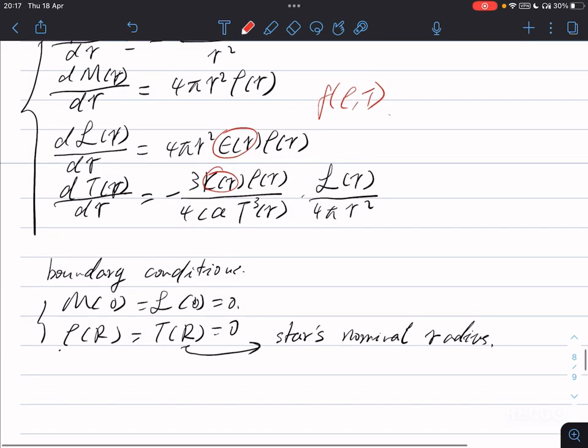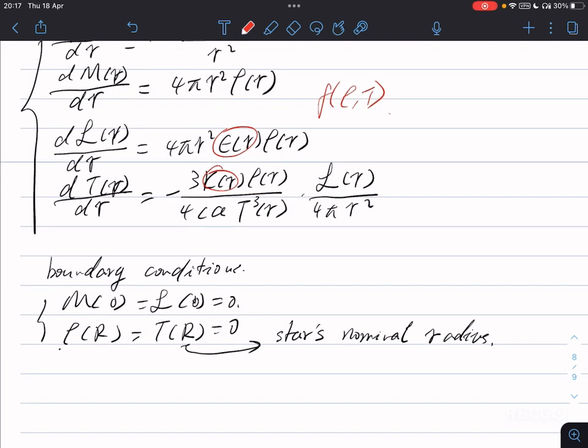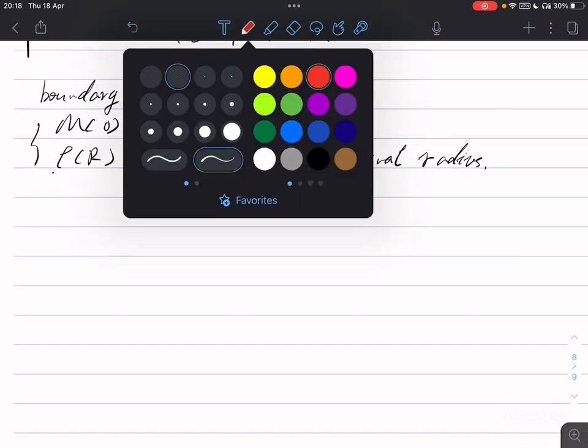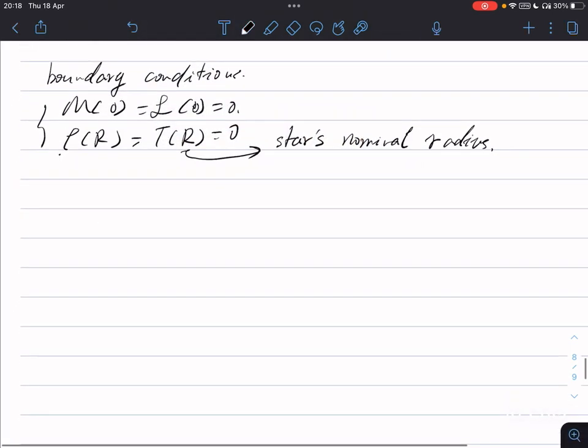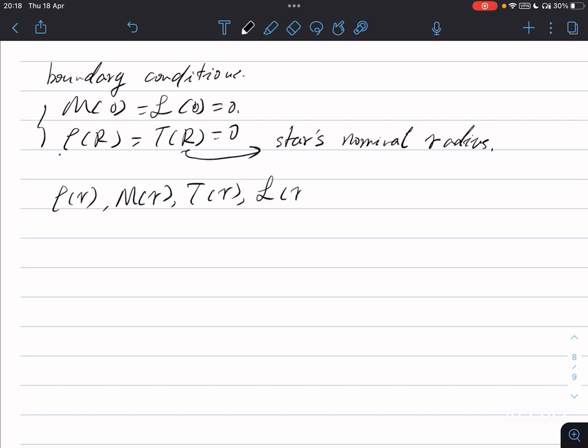So we actually have 4 equations governing 4 functions: ρ(r), m(r), T(r), L(r).